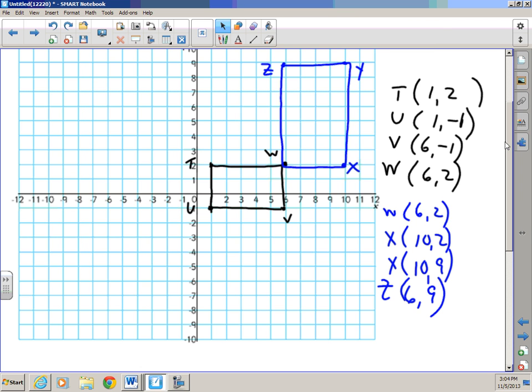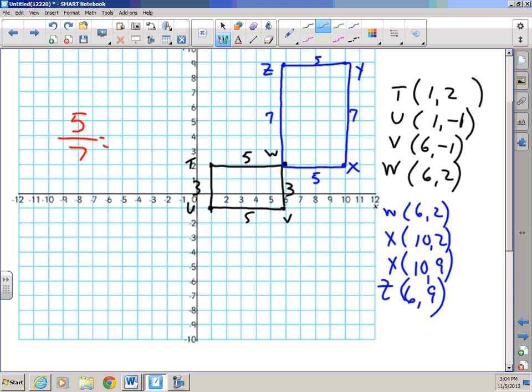Well, as we did before, we need to figure out side lengths. We see that these 2 sides measure 3. These 2 sides measure 5. While these sides measure 5, and the other 2, 7. So we want to create a proportion. Larger side to larger side, 5 to 7.